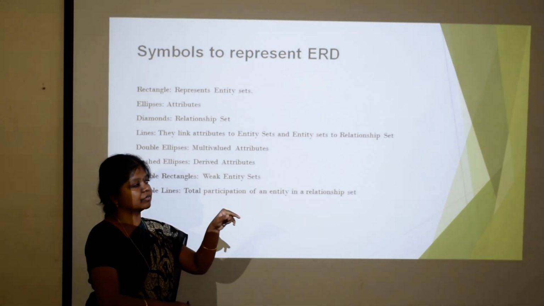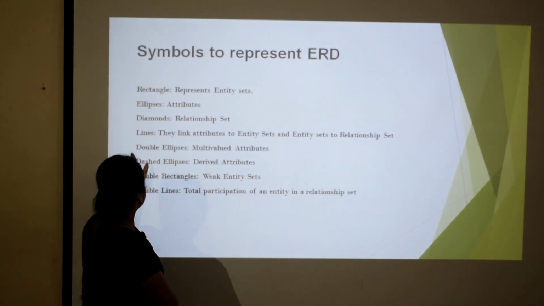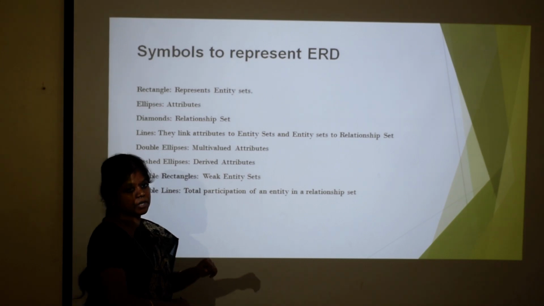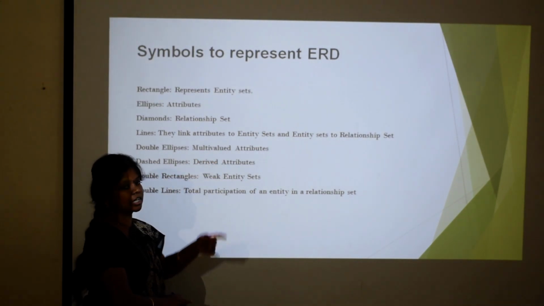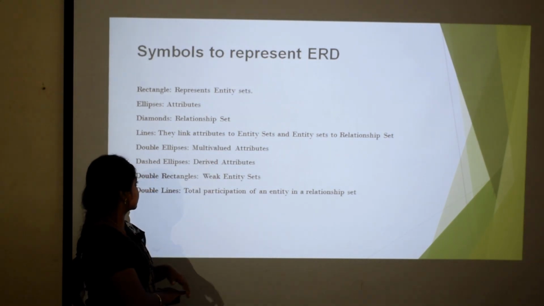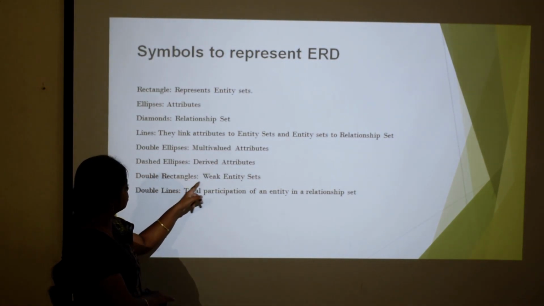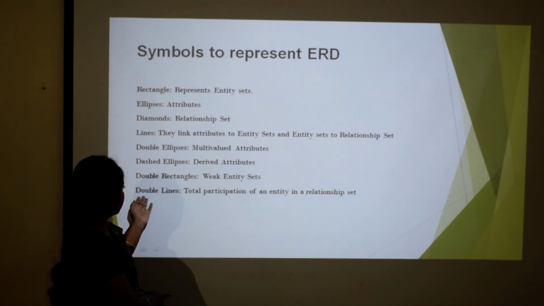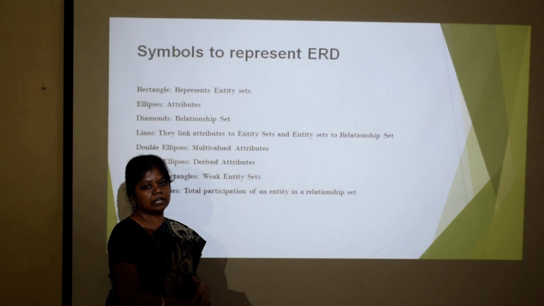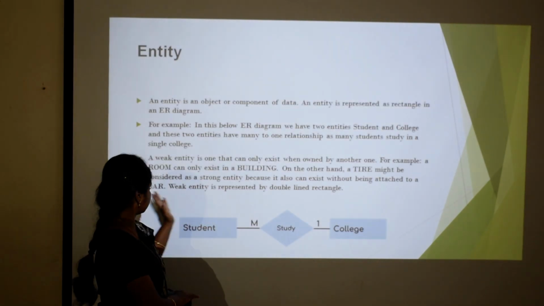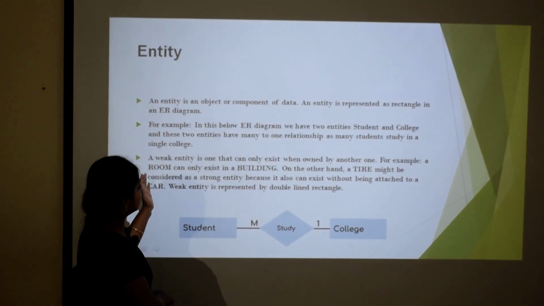A double ellipse represents multi-valued attributes, and a dashed ellipse means derived attributes. In detail we will see in the next slide. A double rectangle is called a weak entity set, and double lines mean total participation of an entity in a relationship set. In detail we are going to see now.